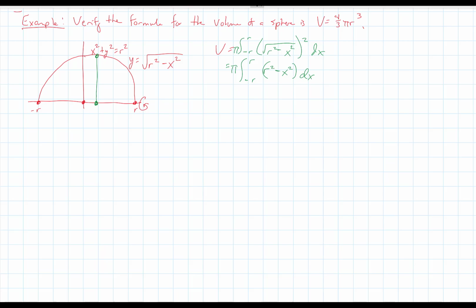Now it's worth mentioning, since we're looking at a sphere here, or a semicircle basically, we could use the symmetry of this to our advantage and just make this 2 pi times the integral from 0 to r to make our life a little bit easier. It doesn't matter, so you could do this.